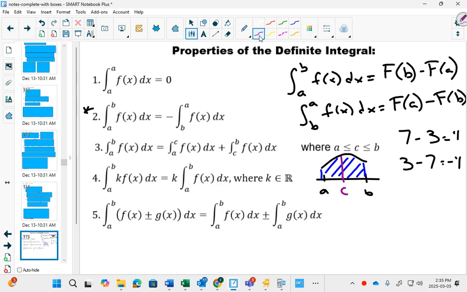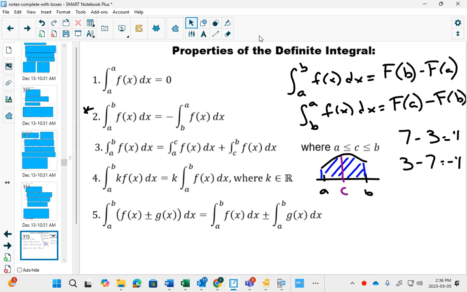So a lot of our integral properties, when we think about what they mean, are really common sense. And integral property number 5 is the same as the derivative property. For adding and subtracting, not multiplying and dividing, you can just do the integral of each part separately.